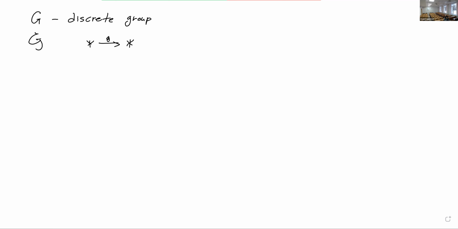And then by BG, we will denote a simplicial set, which is the nerve of this category G.